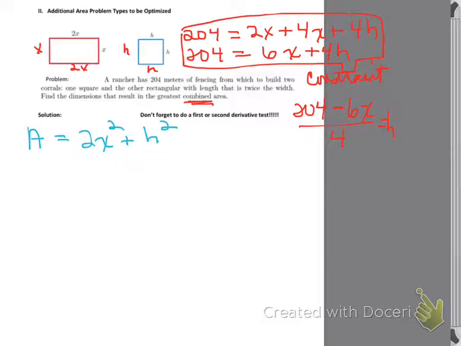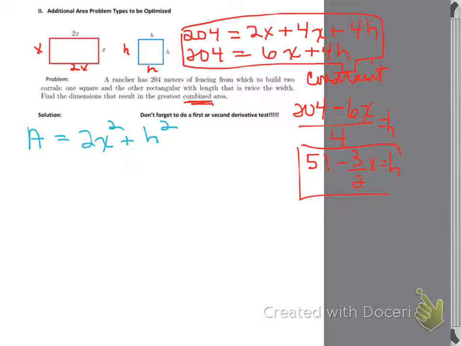So what should I do with that? Well, 4 will go into 204 51 times minus, let's reduce this to 3 halves x, and that's what h is going to equal. So that's my constraint written in h in terms of x.